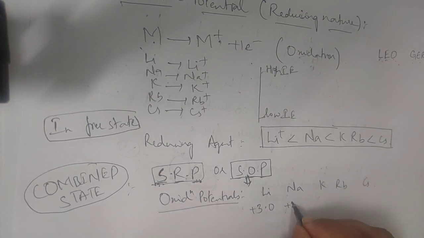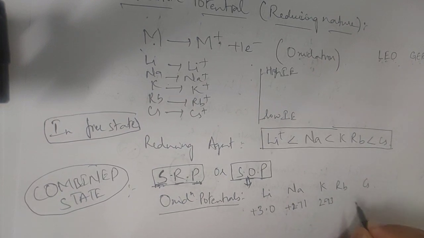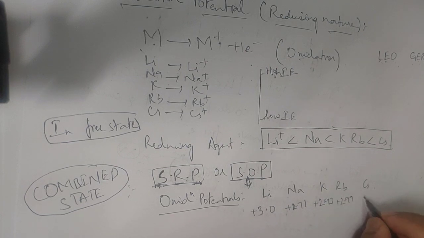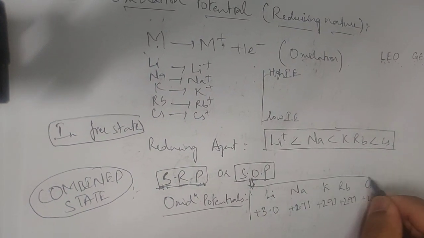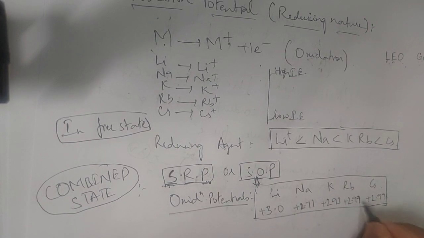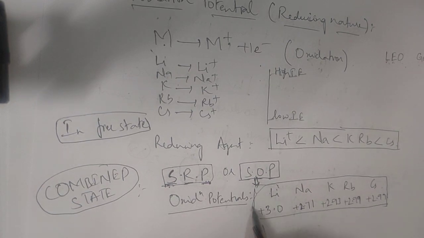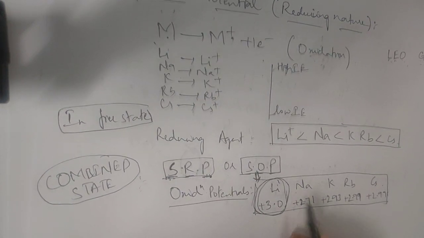Lithium has about 3.0, sodium 2.71, and the others around 2.93 and 2.99, almost the same as rubidium. These are the experimentally calculated values for the oxidation potentials. Now according to this, the conclusion is that lithium is the strongest reducing agent.